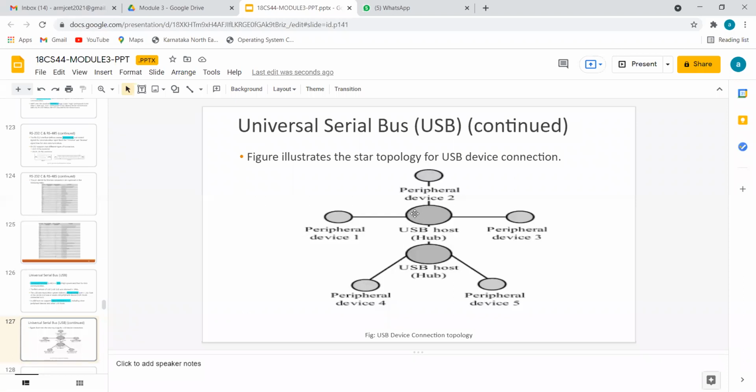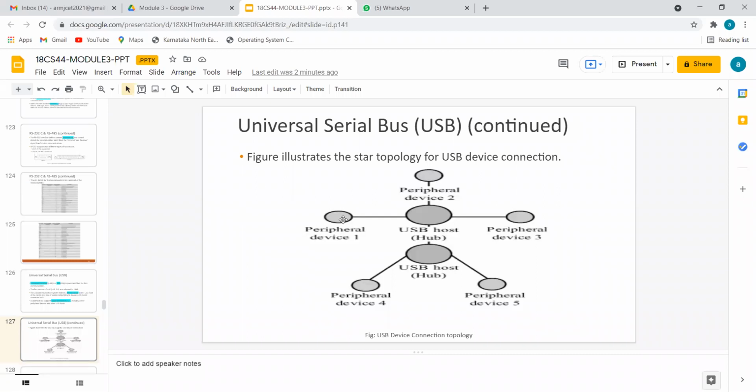Host, the USB host. Generally, this USB host will be a computer. If you connect a computer, on one side a mouse, on one side a data modem, on another side a mobile through a mobile charger, on another side a pen drive, and on one more port a printer.